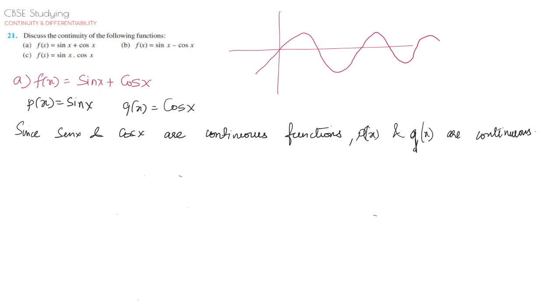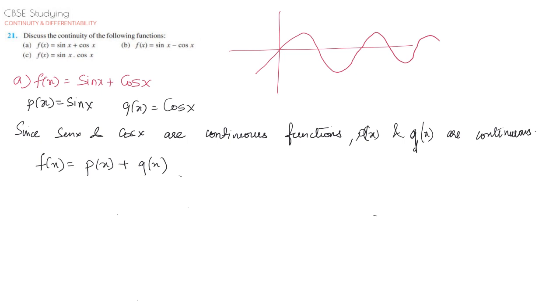Okay? Now, if p of x and q of x are continuous, that means f of x is equal to p of x plus q of x, right? So, by the algebra of continuous functions, if p of x and q of x are continuous, then p of x plus q of x, which is equal to f of x, is also continuous for all real numbers.